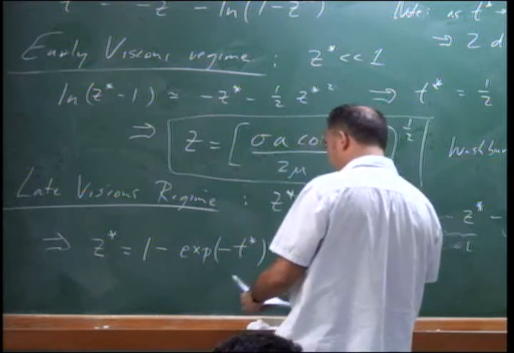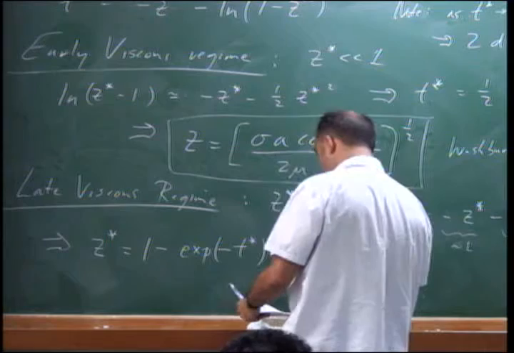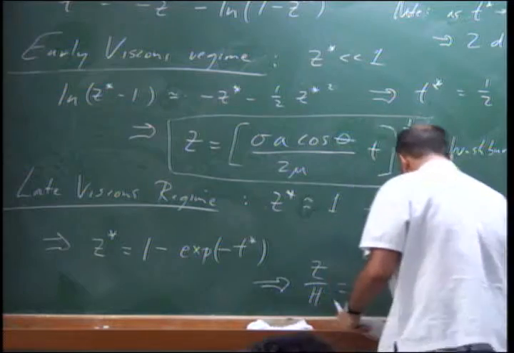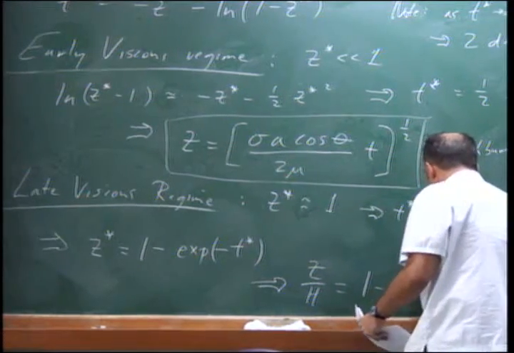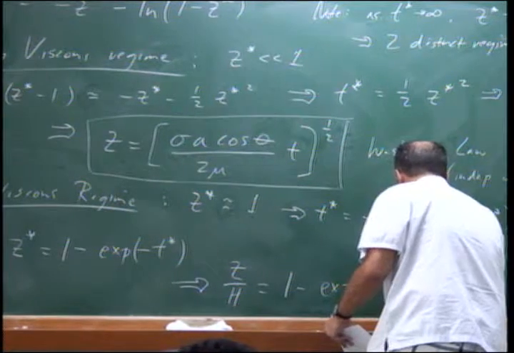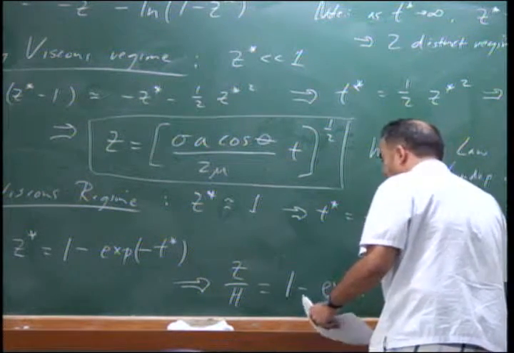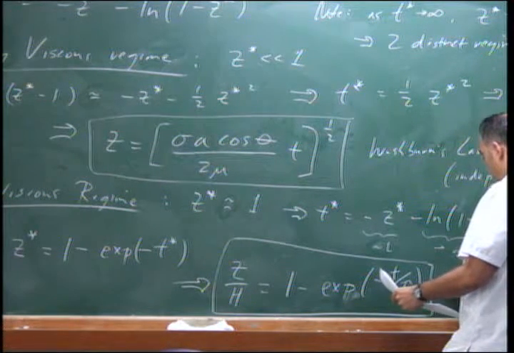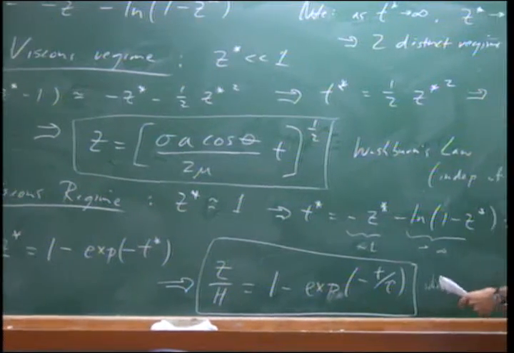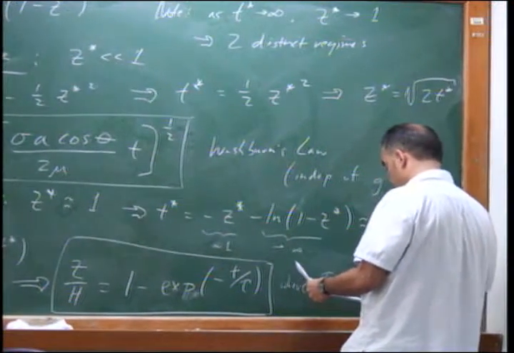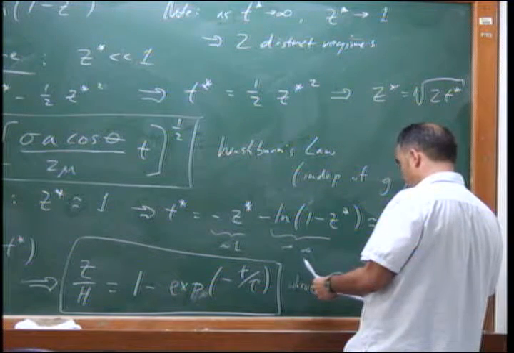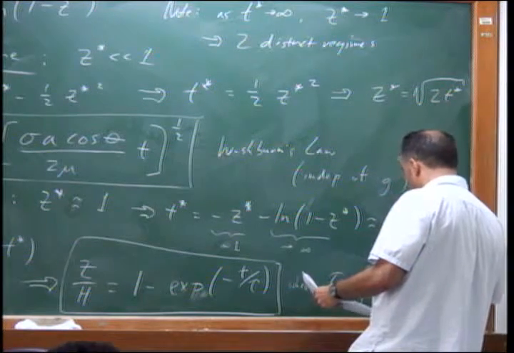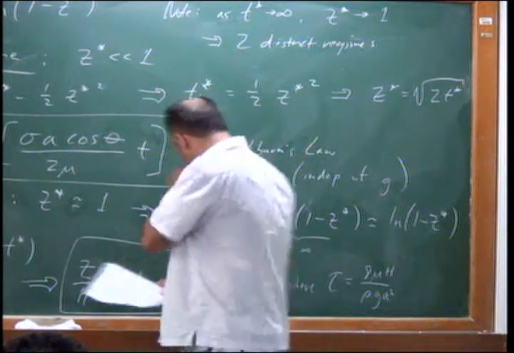And if we redimensionalize, okay, so where this tau is 8 mu h over rho g a squared. Okay.